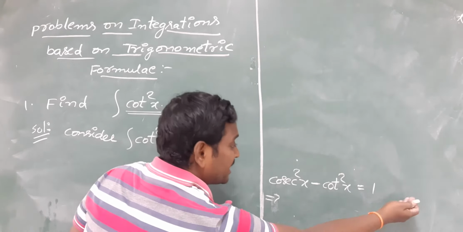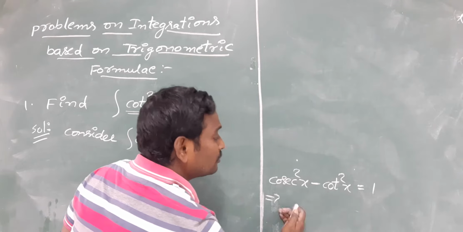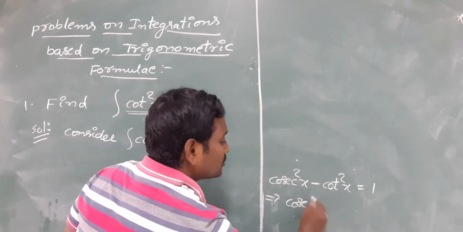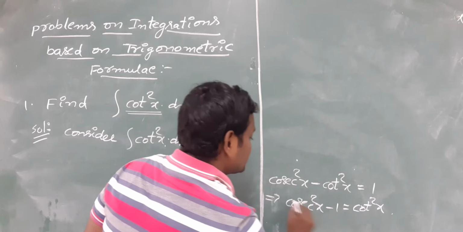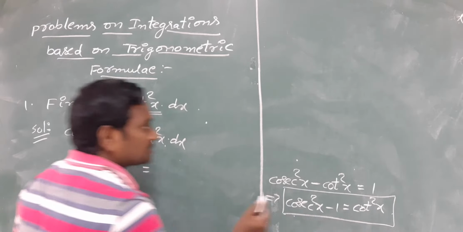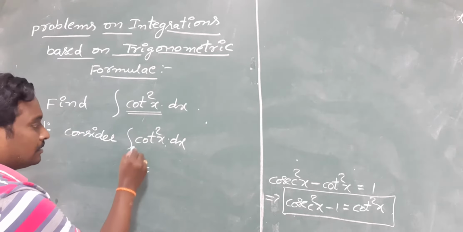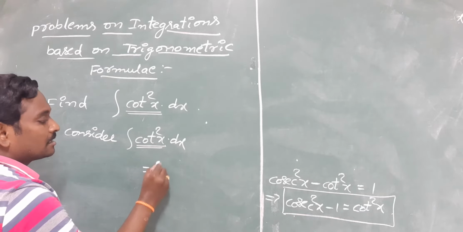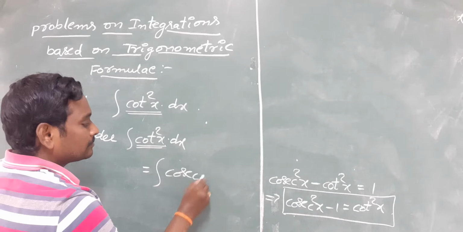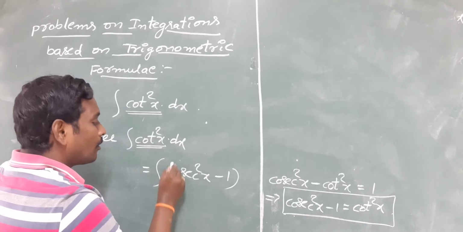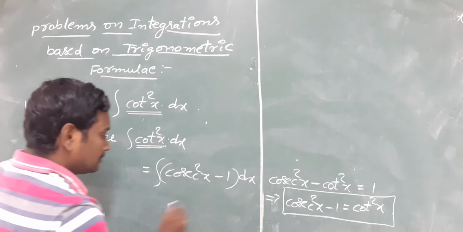Take this term to the right hand side and take this one to the left hand side. So you will get cosecant square x minus 1 is equal to cot square x. This is the formula for cot square x. That's why inside the integration, cot square x can be written as (cosecant square x minus 1) dx.